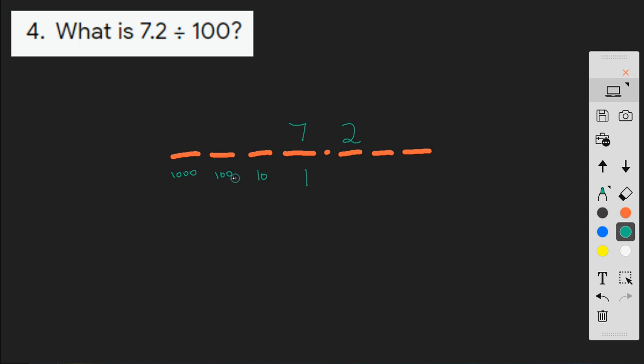The ones column, tens, hundreds, thousands. And what we notice in each of these columns is that as we go from one column to the next, we're 10 times smaller. We divide by 10 each time we go from column to column.